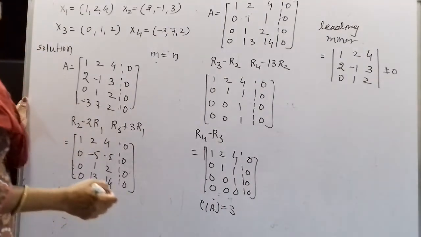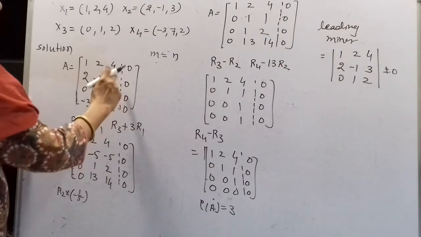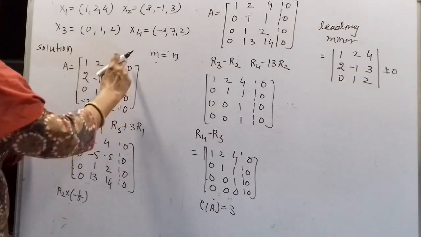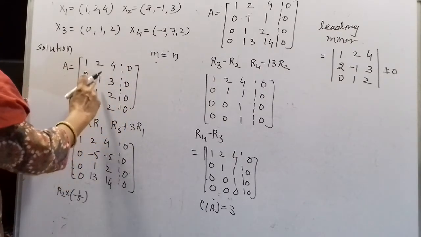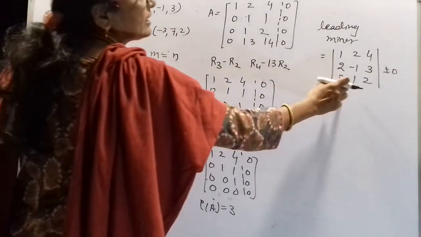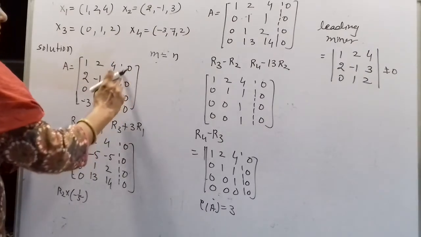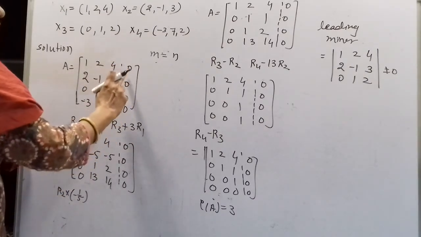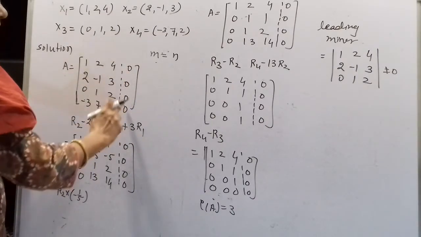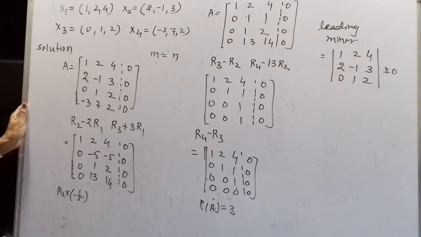So we can get it that the cofactors of the fourth column are the values of k1, k2, k3, k4. Since we are not getting it equal to 0, it means the cofactors of the fourth column will give the values of k1, k2, k3 and k4.